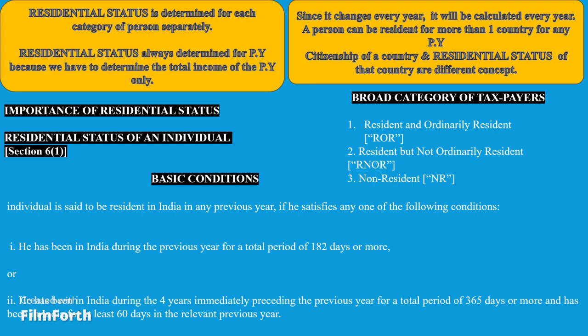Or he has been in India during the 4 years immediately preceding the previous year for a total period of 365 days or more, and has been in India for at least 60 days in the relevant previous year. If the individual satisfies any one of the conditions mentioned above, he is a resident. If both the above conditions are not satisfied, the individual is a non-resident.